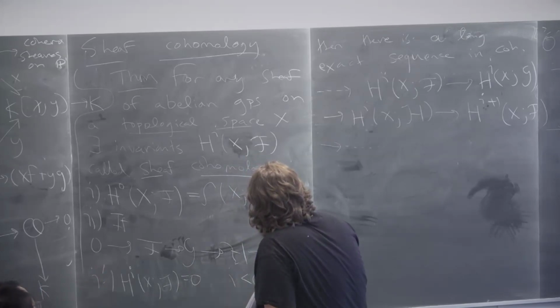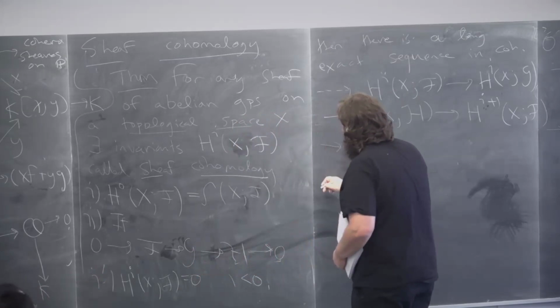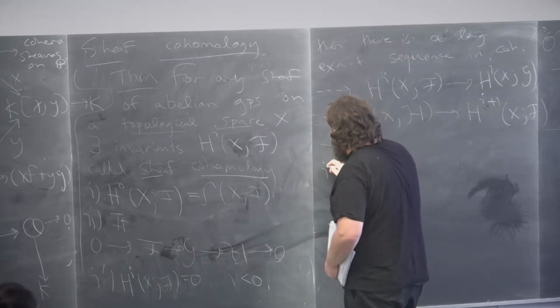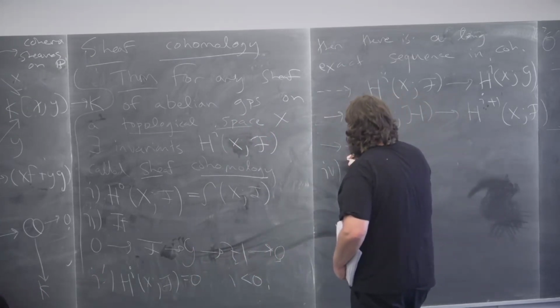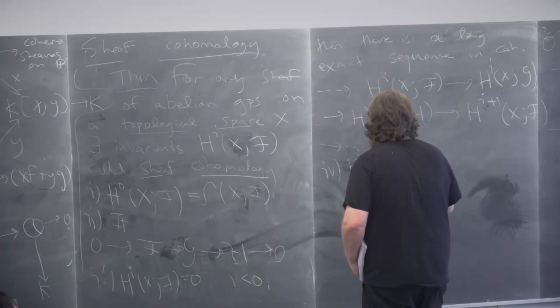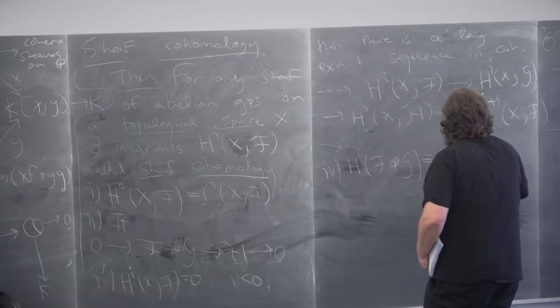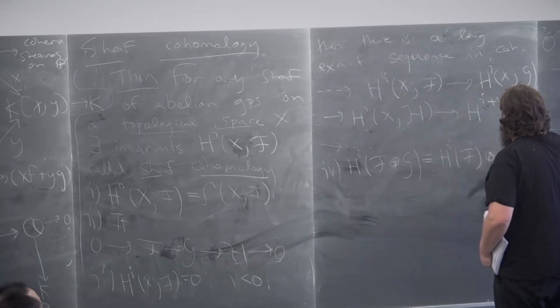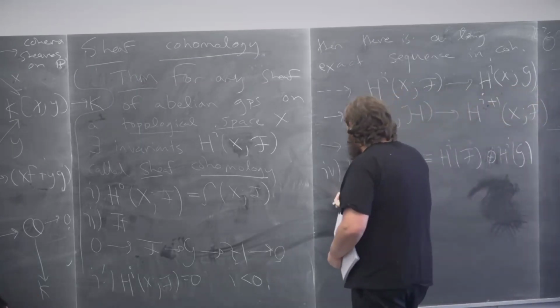I think maybe the one extra thing I would need to tell you, and I'm not following Vakil's numbering here, is that if I take H^i of F plus G, that's isomorphic to H^i plus H^i of G, functorially.